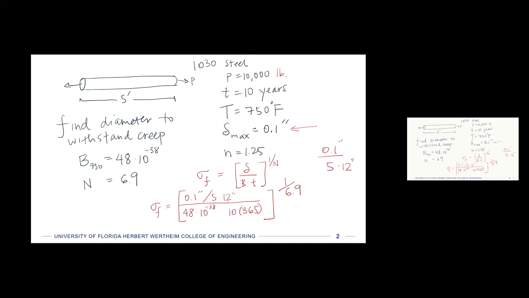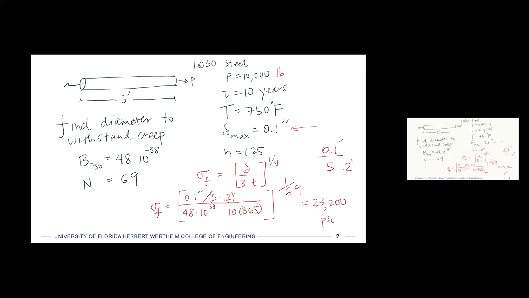So if we put in all of those numbers, the 5 times 12 is in parentheses there, the book comes out with 23,200 PSI. So that's in a range of things we're normally used to, tens of KSI. Okay. So that's our failure stress.